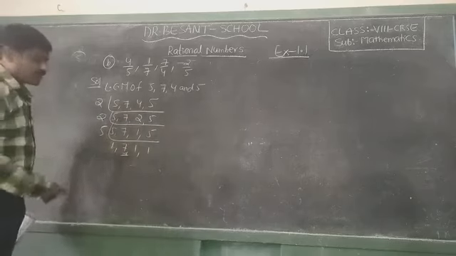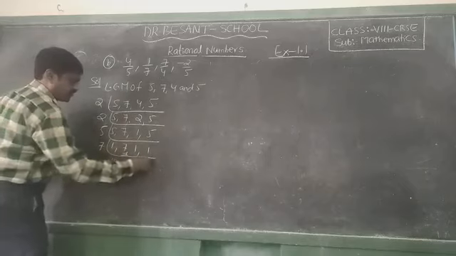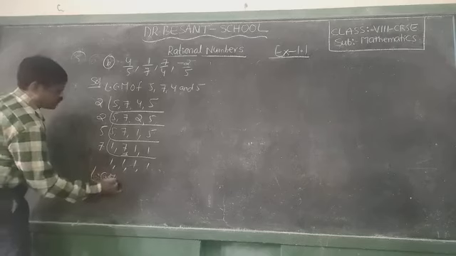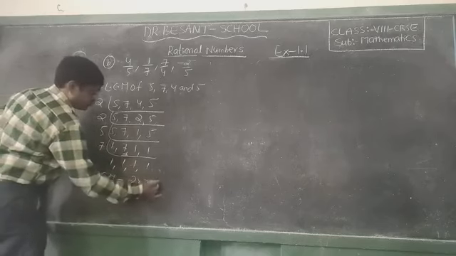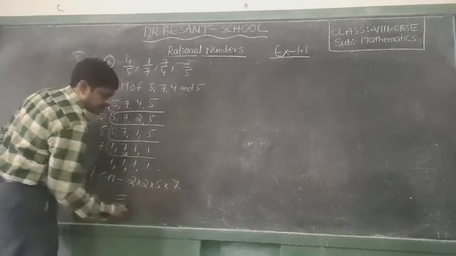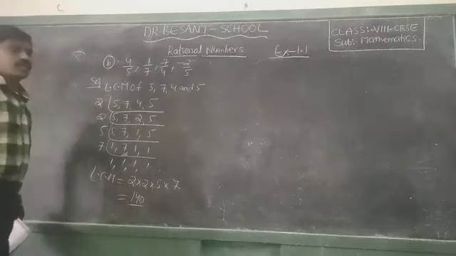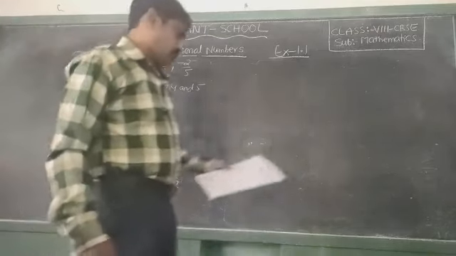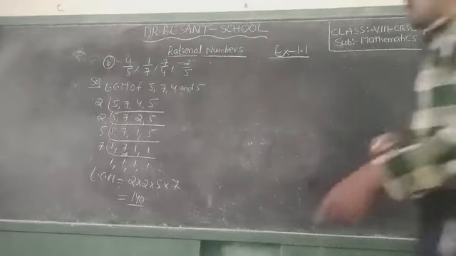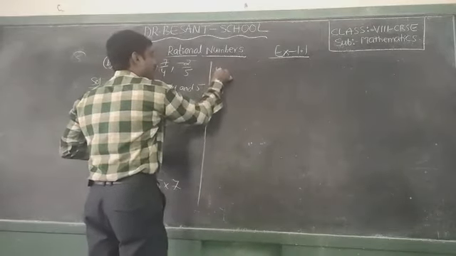So anyhow it is a prime number only. That means 7 1s are 7, 1, 1, 1, 1. So LCM is equal to 2 into 2 into 5 into 7. 2 2s are 4, 4 5s are 20, 20 7s are 140. So 140 is the LCM.